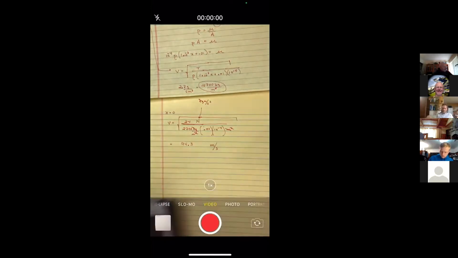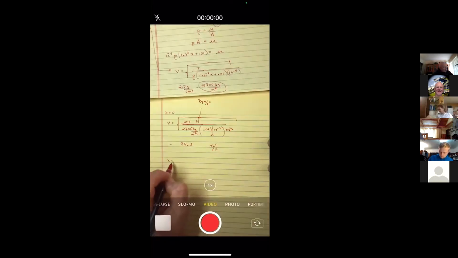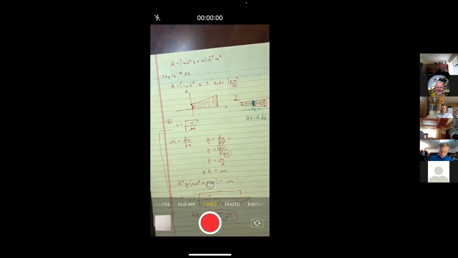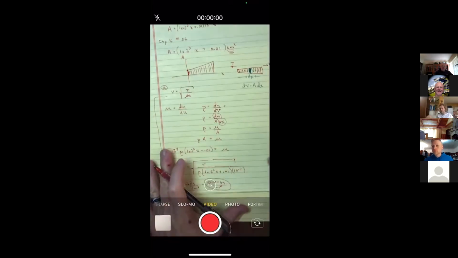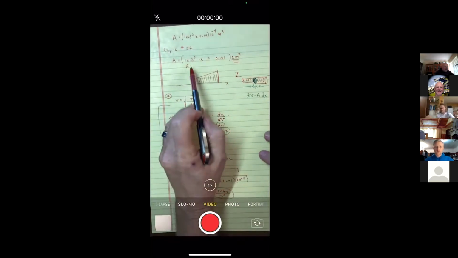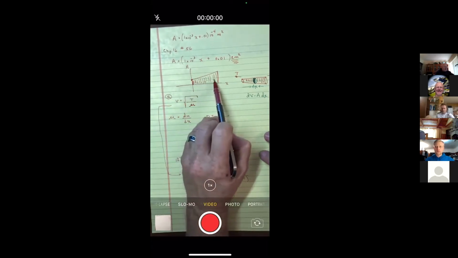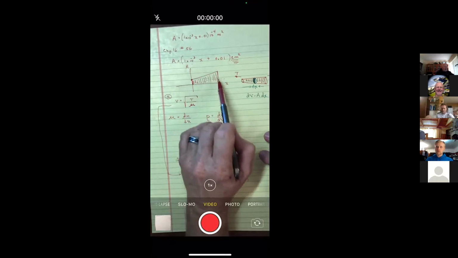The other part of this said, find it also at x equals 10 meters. And just as a chance to say, make sure your equations and your formulas mean something to you when you're reading this math. This is saying that the density, or area, is getting bigger and bigger as you go along this wire.